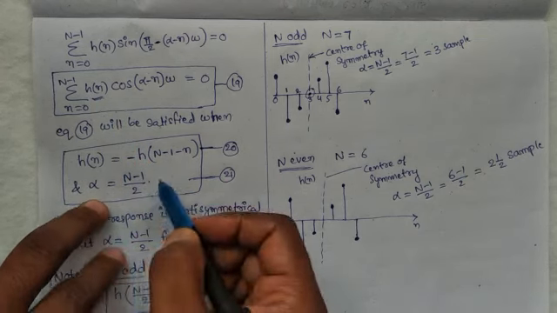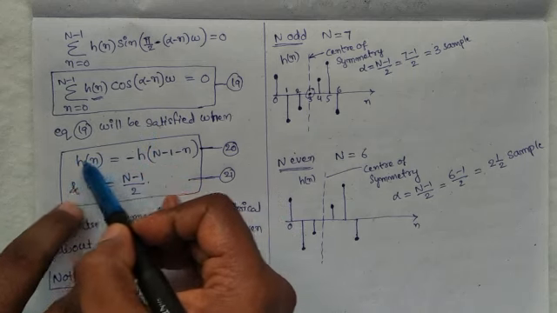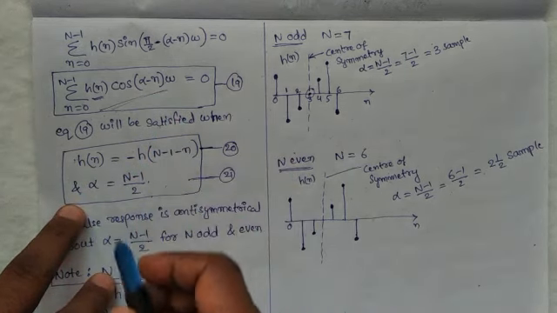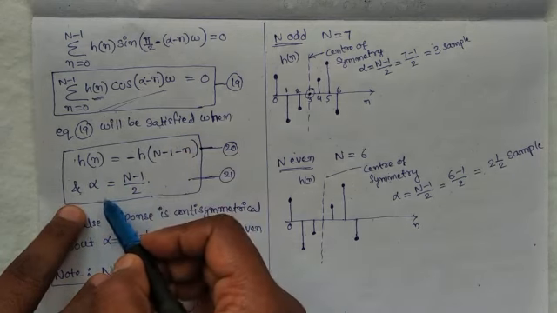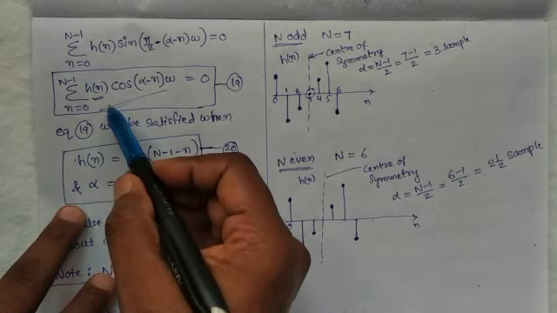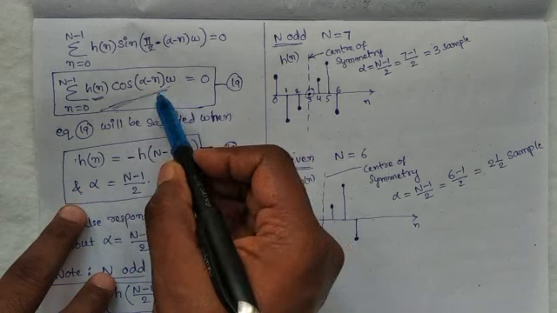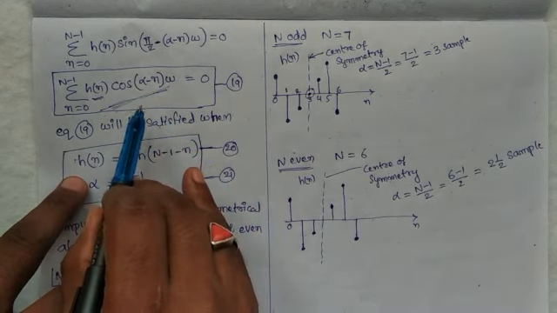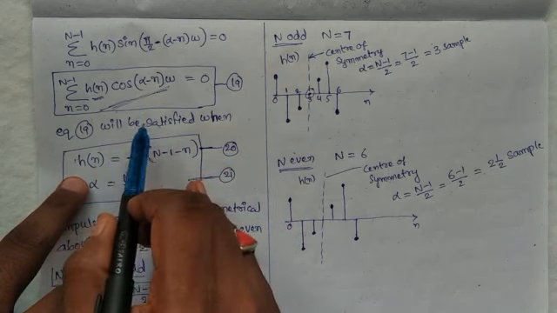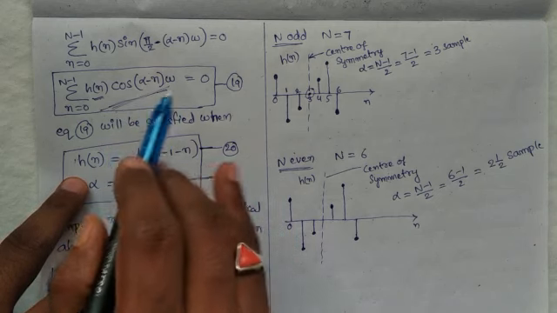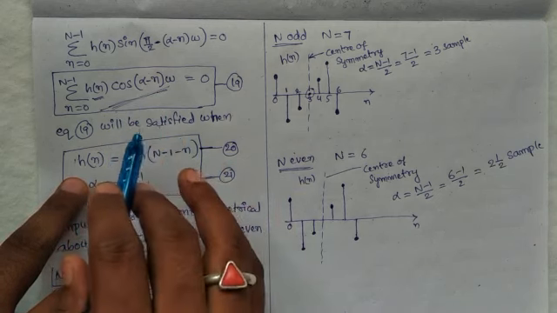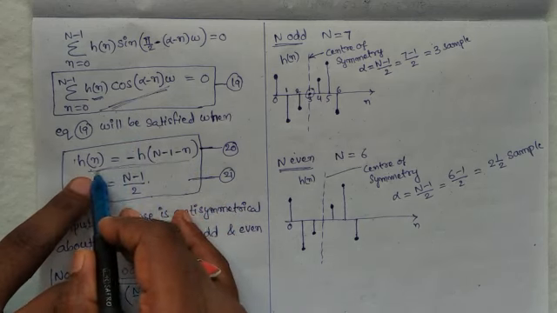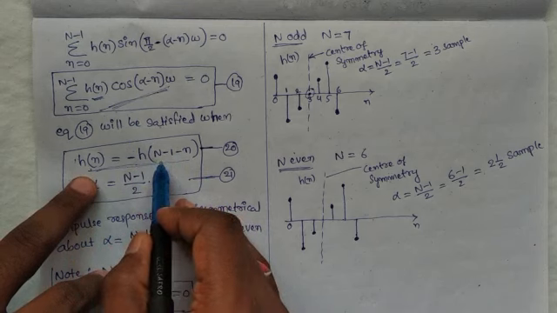For this condition, this summation becomes 0. Here, for constant group delay and not the constant phase delay, for that case the impulse response is what? From this we are observing the impulse response is anti-symmetrical.